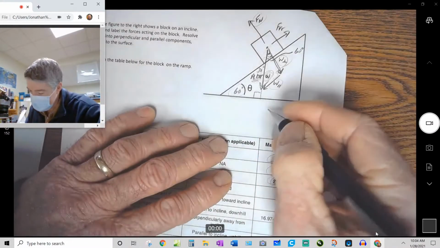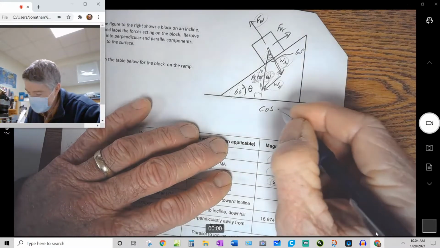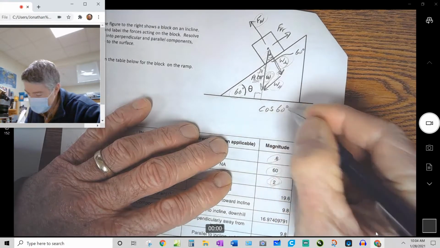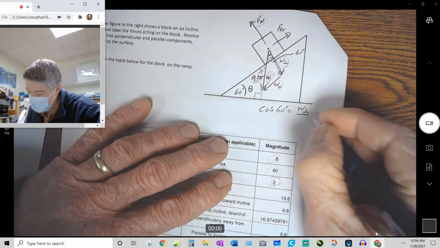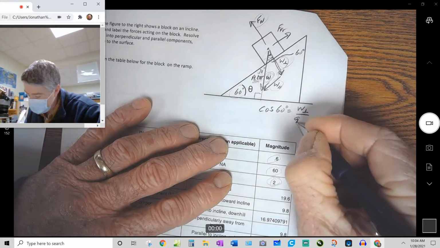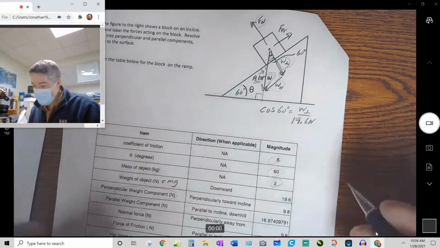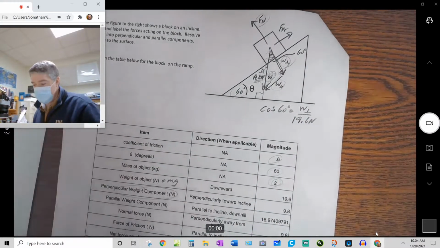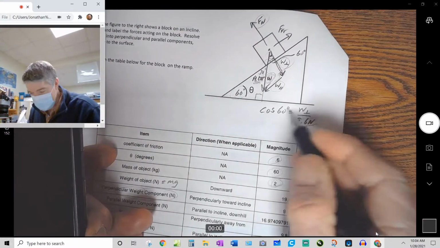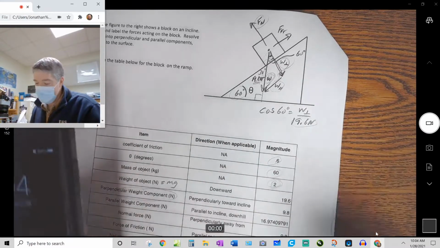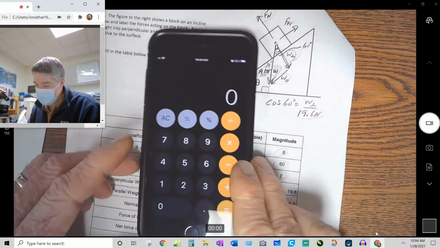So I can say cosine is adjacent over hypotenuse, cosine of 60 degrees equals the perpendicular component over 19.6 newtons. Or really the shortcut here is just to multiply 19.6 times the cosine of 60, and that'll give me the perpendicular component.